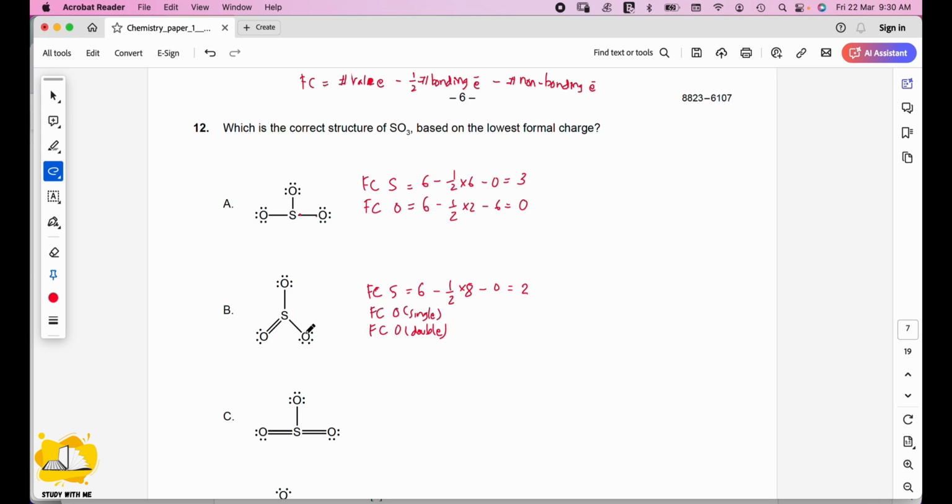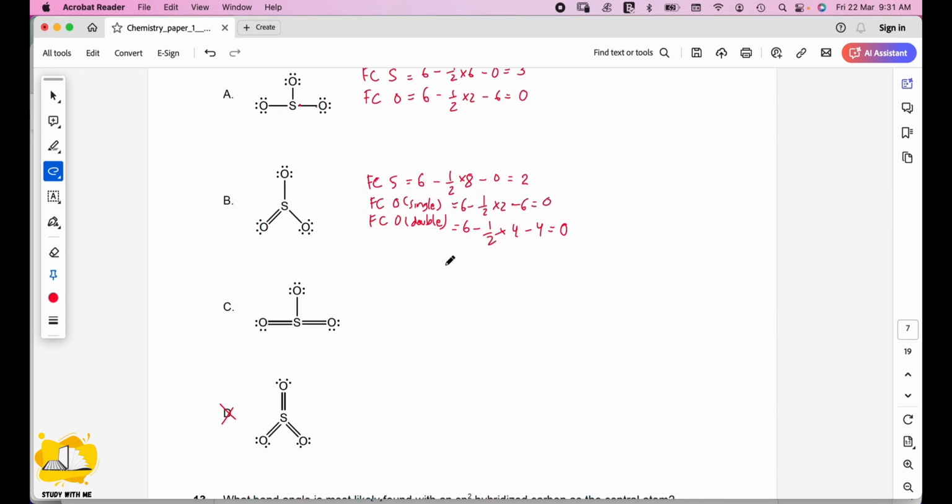For the single bond, the calculation is the same as before: 6 minus half times 2 minus 6, which is 0. And for the double bond, the valence electrons of oxygen are 6, and then half times 4 for the double bond, 1, 2, 3, 4, minus 4 non-bonding electrons, so that will be 0.